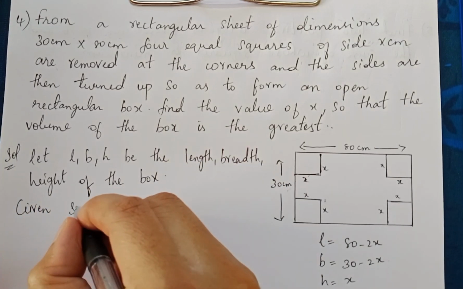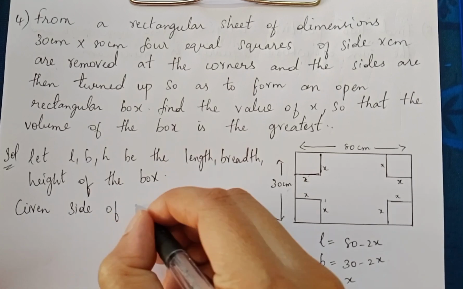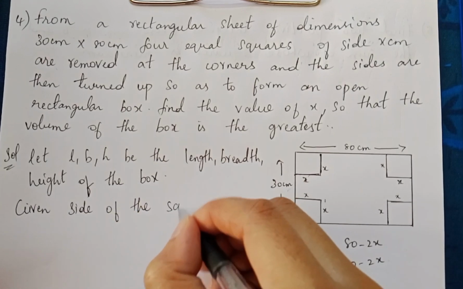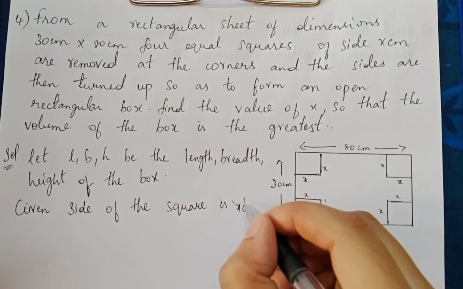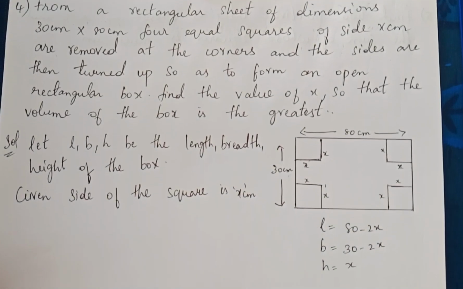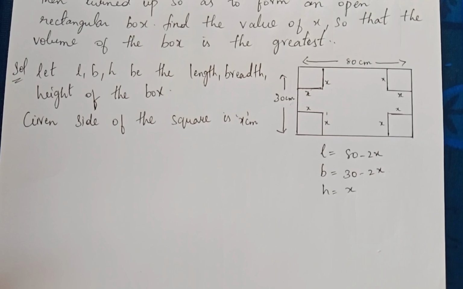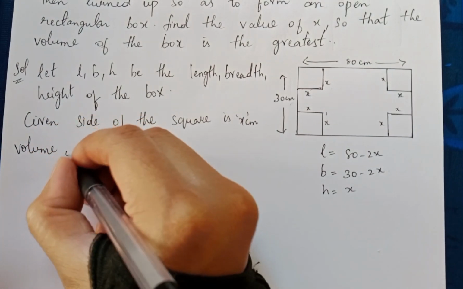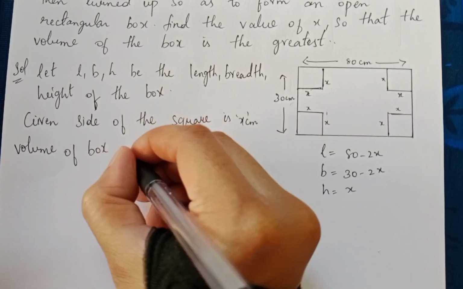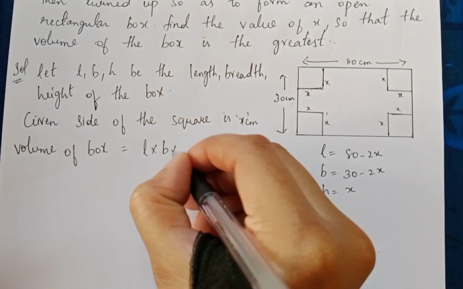Given, side of the square is x centimeters. Okay, now in the question it is given as the volume, so the volume of the box is equal to L into B into H.